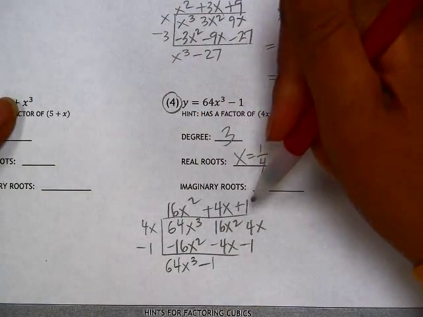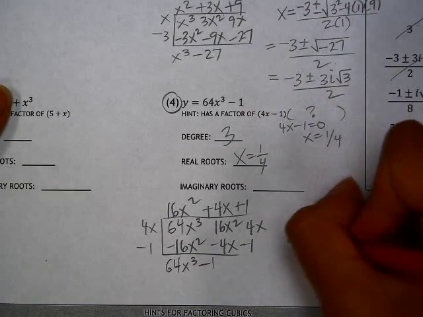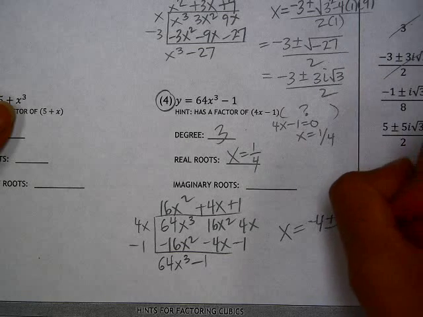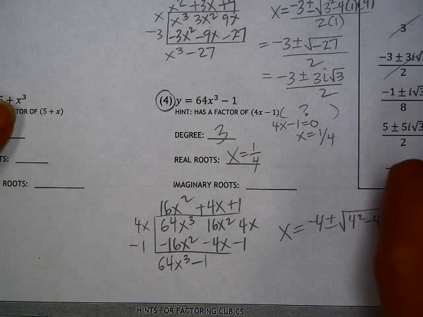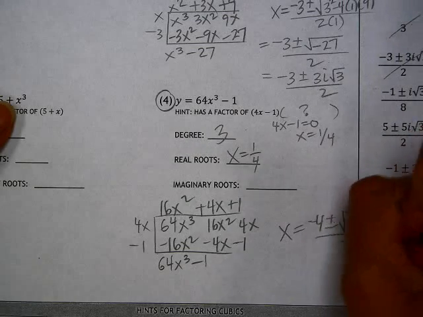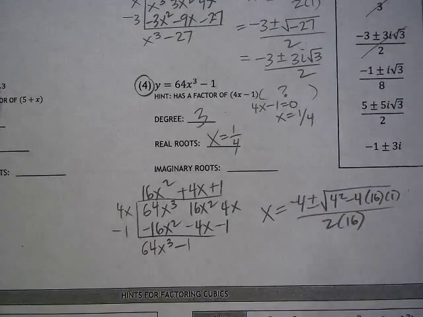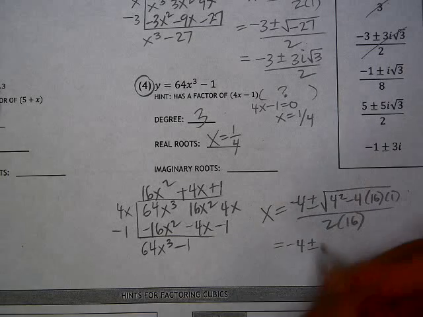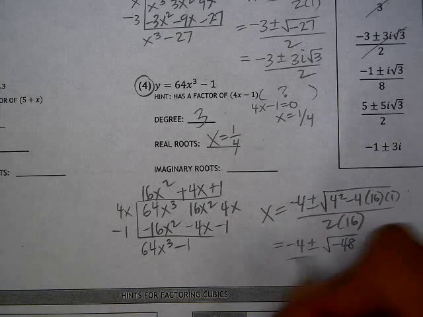This polynomial is not factorable, so let's use the quadratic formula again. Negative 4 plus or minus the square root of 4 squared minus 4 times 16 times 1 over 2 times 16. So here we get negative 4 plus or minus the square root of 16 minus 64, which is negative 48.